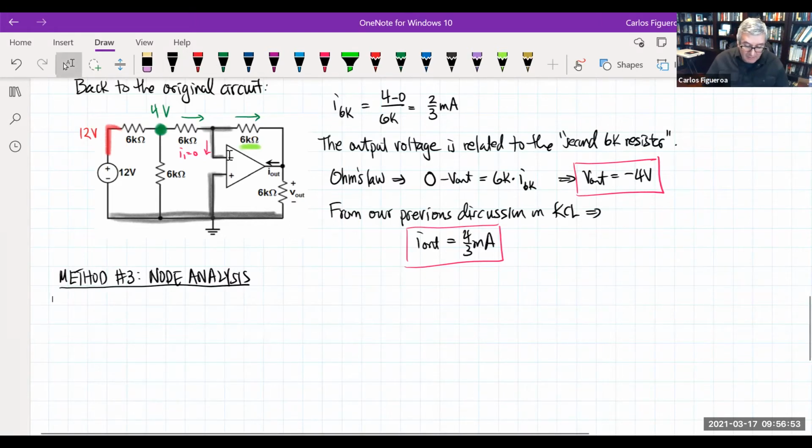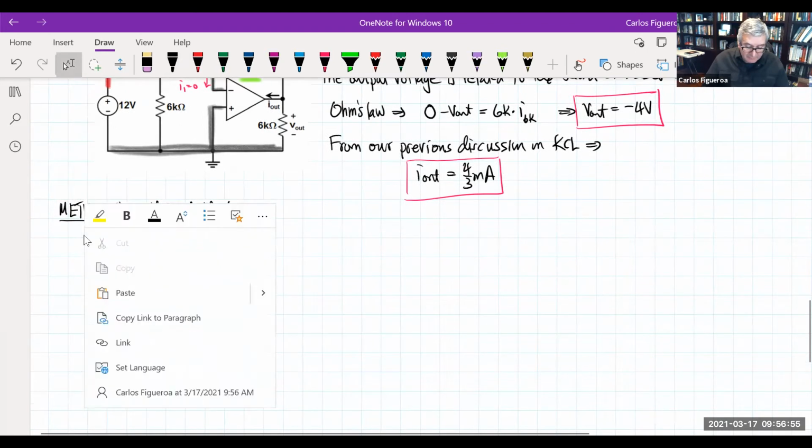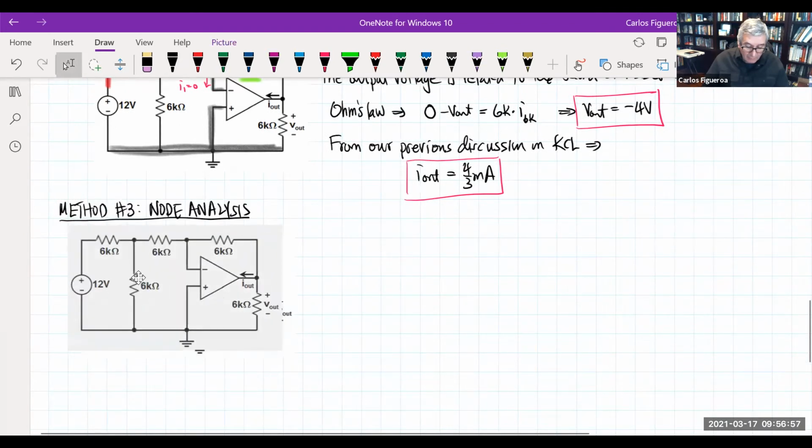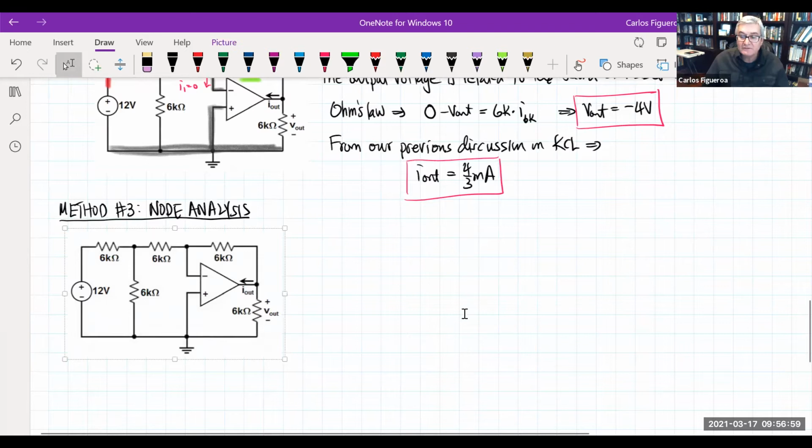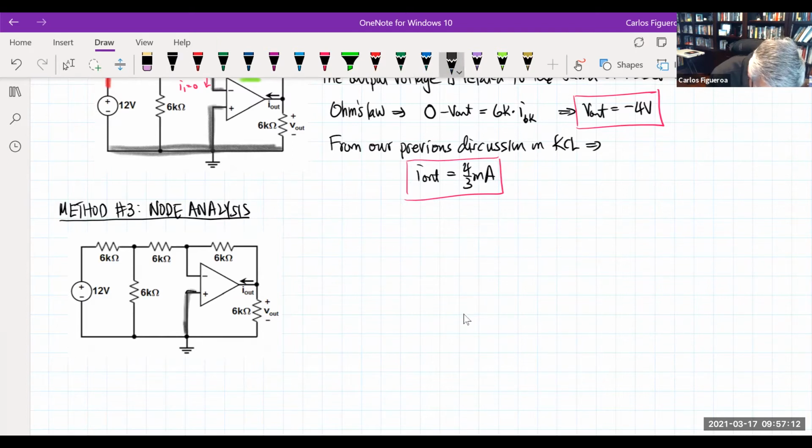So let me go back and look at this circuit right here. If I'm looking at node analysis, I got to go, what are my known nodes? What do I know here? Well, for starters here, we know what this node is right here, because that's connected to the ground by a wire. So of course, we already know that V2 must be 0.